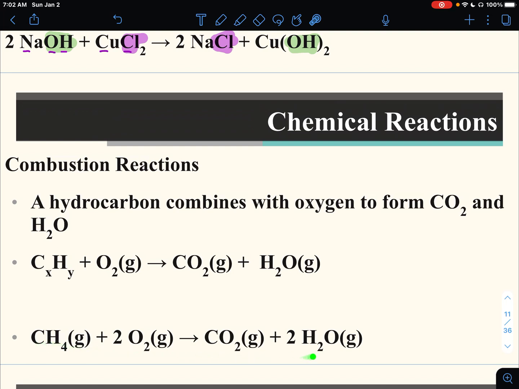So here's an example of what one of them is. There's a bunch of different ways to recognize this. If you have a hydrocarbon and O2, it's combustion. If you don't realize that, if you look at the products and it's CO2 and H2O, it's combustion. So what I tell students to do is look for O2 by itself as a reactant, so before the arrow.